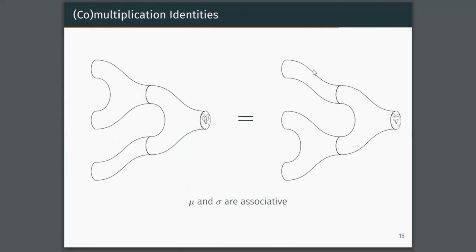Our next proof is associativity. Again, you can just switch something down. If you re-parenthesize an expression, it's the same result. So our multiplication and co-multiplication are now also associative.